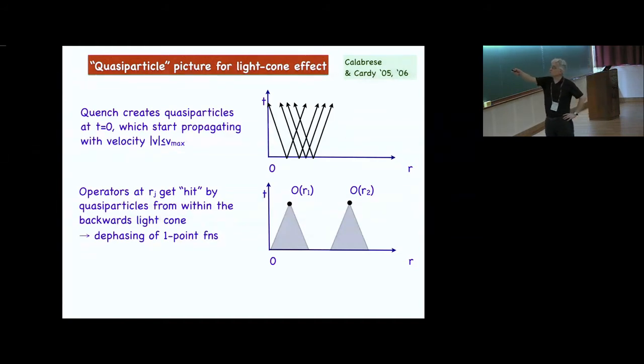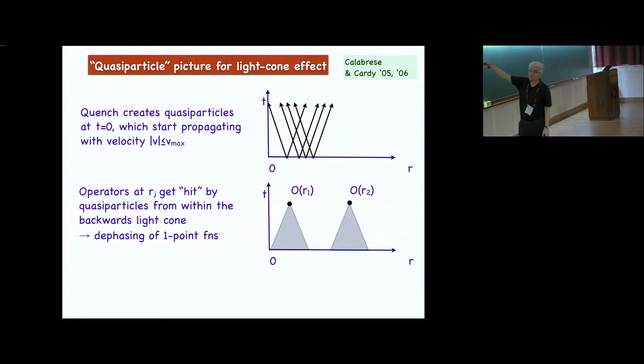You do your quantum quench, and now assume you have a free theory like the one we have, or an integrable theory. In those theories, you have stable excitations, which I call quasiparticles. What the quench basically does at time t equal to 0 is create quasiparticles everywhere in your system.